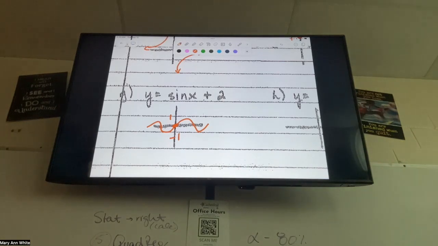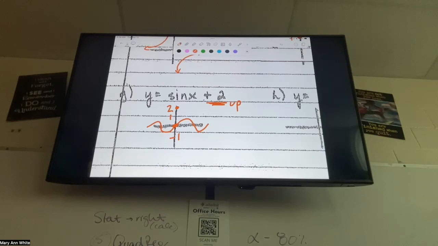Okay, what does this +2 do to my graph? Up 2. So I'm gonna move up 2. So instead of going through (0, 0), it's gonna go through (0, 2). Now, instead of my bounds being at -1 and 1, where are my bounds gonna be now? We gotta move everything up 2. So instead of being at -1, move that up 2.